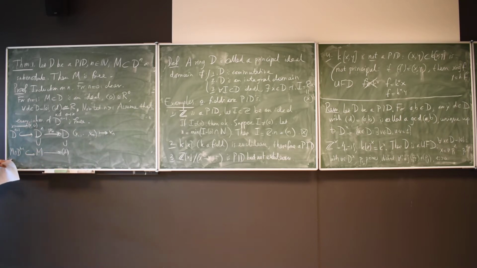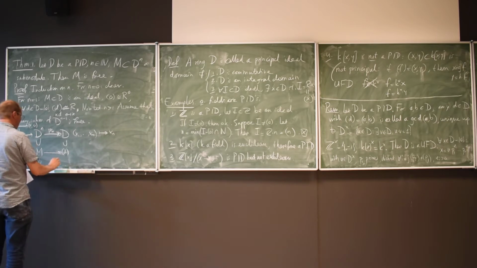But now, this is free. So you take a basis; let m1 up to mr be a basis of this intersection.